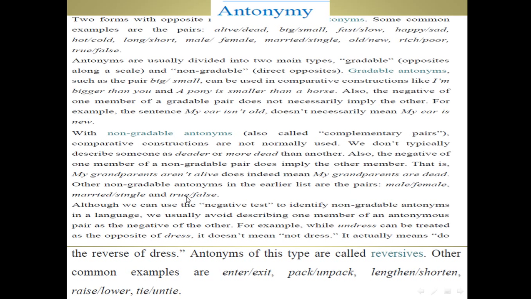Married and single, we can't say very married or very single, or that between married and single there is another word, or more married and more single. But here we can say bigger than, smaller than. That's why we call this group gradable.